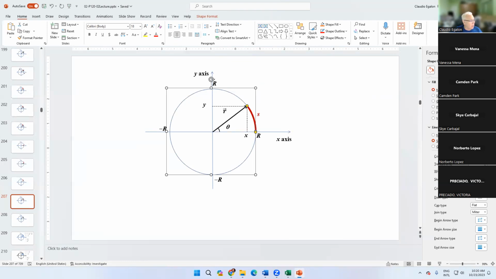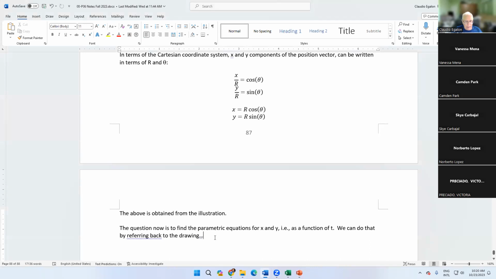How do we define angle? Okay, I'm going to show you how we define angle. Referring back to the drawing, we notice that we have a relation between the distance traveled along the circle, and I call this distance S, the radius of the circle R, and the angle theta.